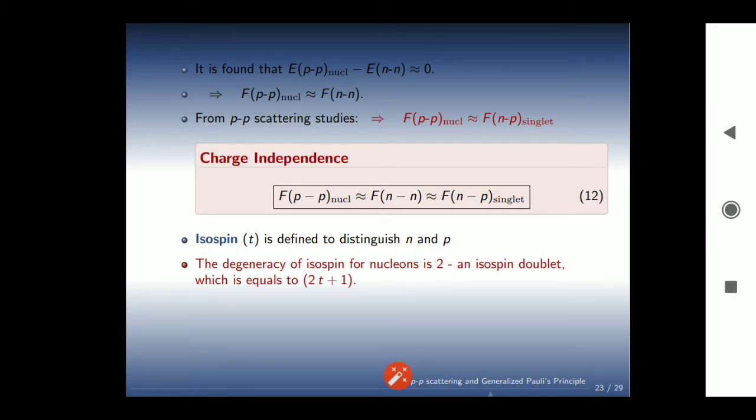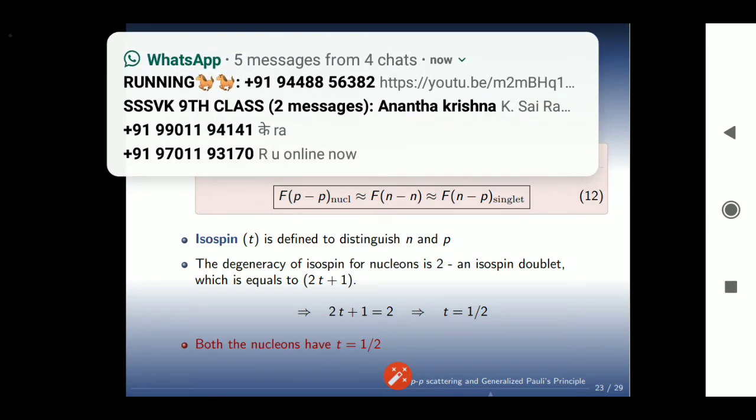Since the degeneracy of nucleons is 2, because there are only two particles, neutron and proton, in the isospin doublet, that can be equated to 2t plus 1 and we can obtain the value of t. t equals half. This t equals half is the same for both nucleons, for proton as well as neutron.